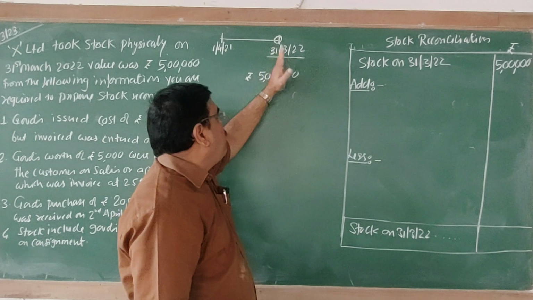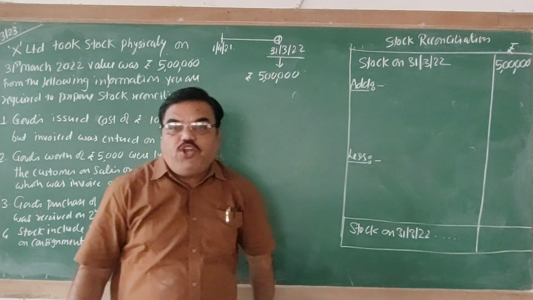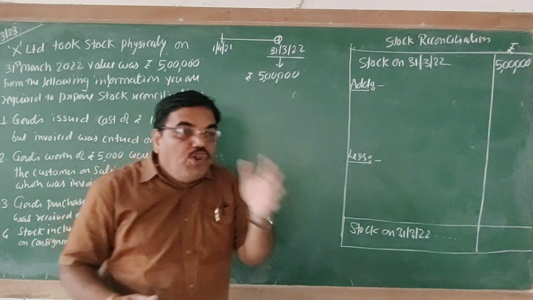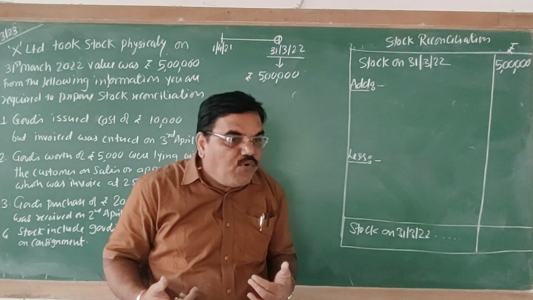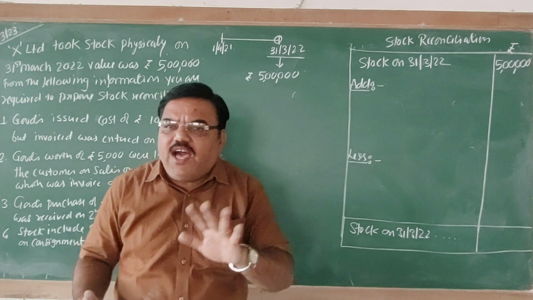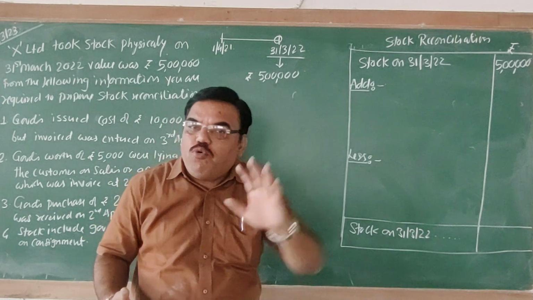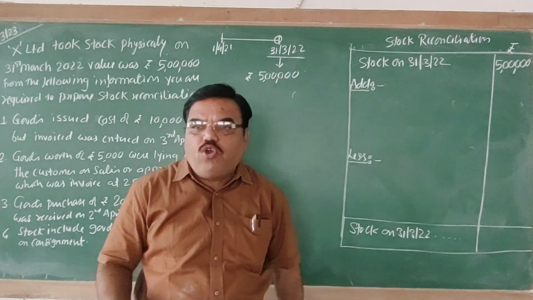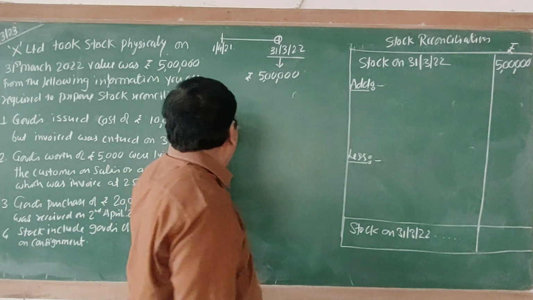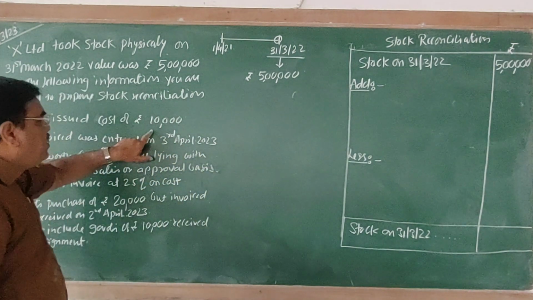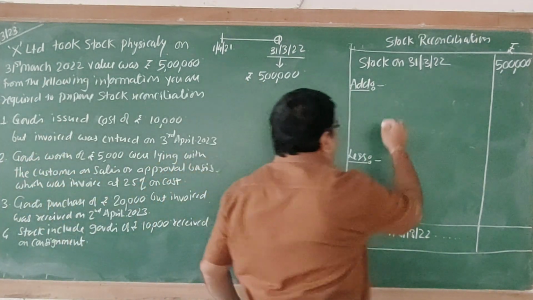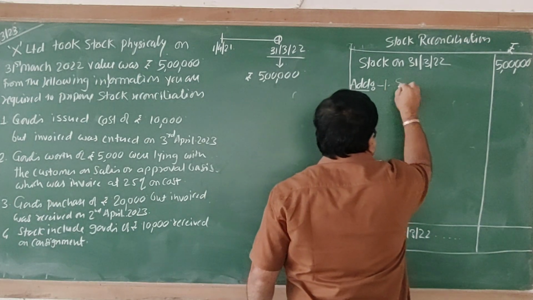But for the calculation of 31st March 2022, the goods are physically gone, but ownership is with the company only up to 31st March. Till 31st March the bill was not made, which means the ownership is still with the company. So these goods of 10,000 should be added back in the closing stock. So first we have to add those goods.